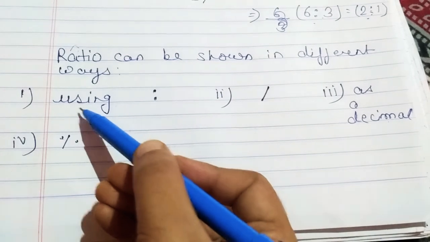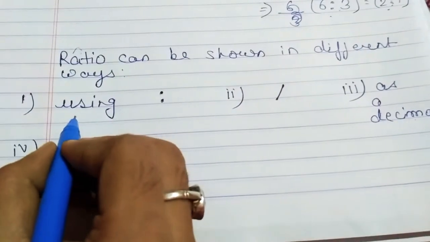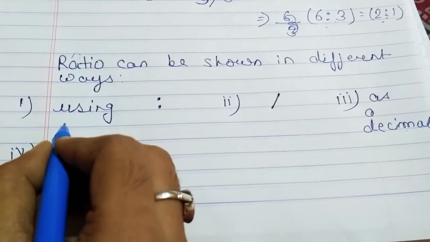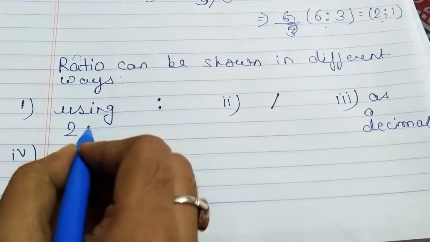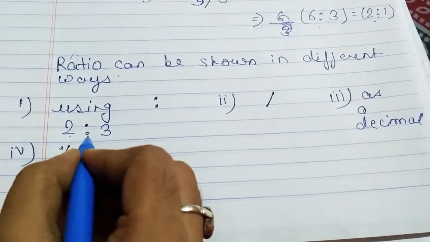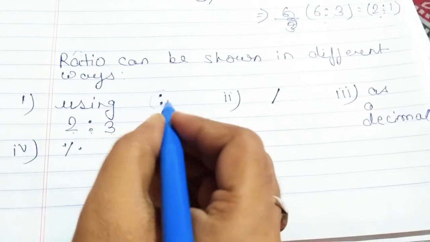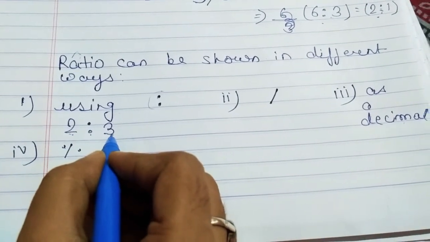First way is using a colon. If you have any ratio, for example, you can show it as 2 is to 3. So by this colon you can separate two values.